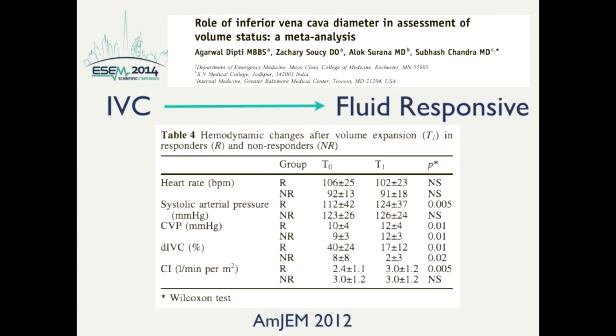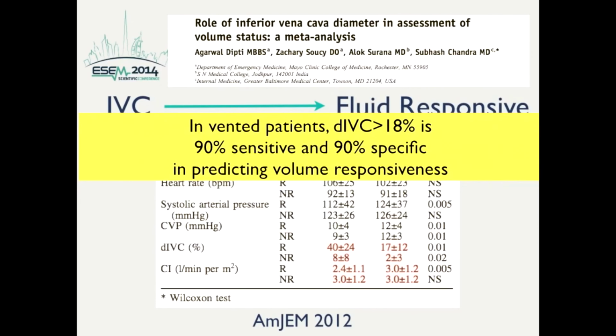Patients were separated into responders when the caval index was greater than 15 and non-responders when the caval index was less than 15. The results of the study showed that using a threshold of the distensibility index of the IVC of 18%, responders and non-responders were discriminated with 90% sensitivity and 90% specificity. And a strong correlation was observed between the distensibility of the IVC diameter at baseline and the caval index increase following blood volume expansion.